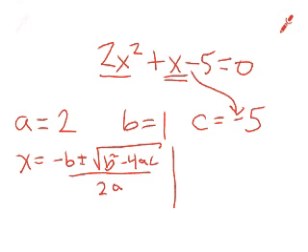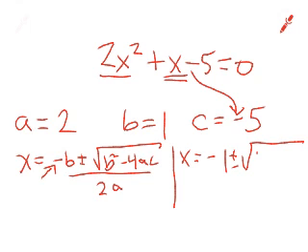Okay, so first notice here, it's -b. So my b is 1. So when I put this in the formula, I'm going to have -1 plus or minus. Then I'm going to have the square root.